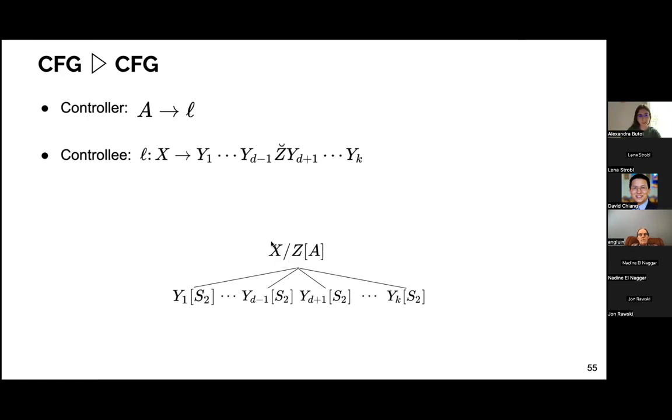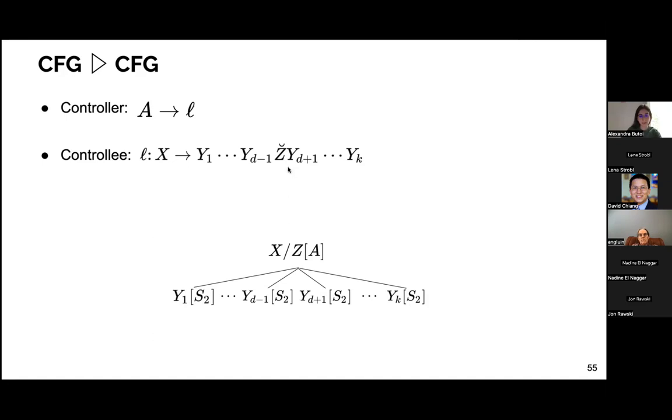So in this case, we have a node labeled with X/Z that's augmented with an A, which has children Y1 until YD minus 1, each of them augmented with the star symbol of the controller, and then YD plus 1 until YK, and all of them are again augmented with the star symbol of the controller.